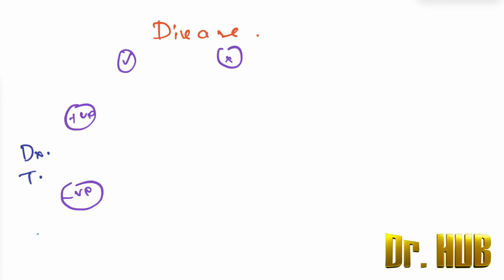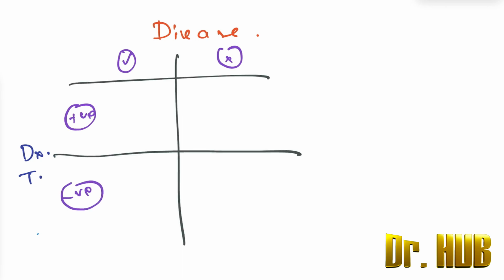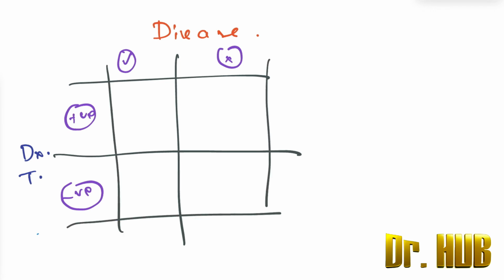So let's draw a square. This is going to be TP, that is true positive, and where the disease is absent is going to be the false positive. And here it's going to be FN, that is a false negative, as well as a true negative.